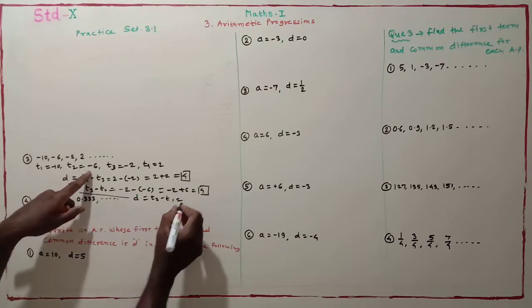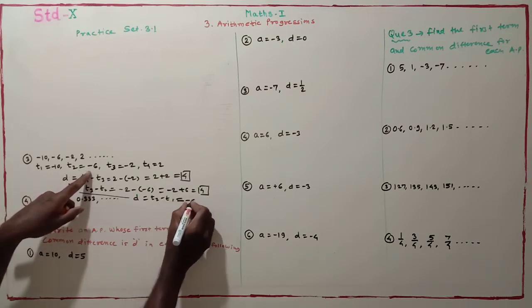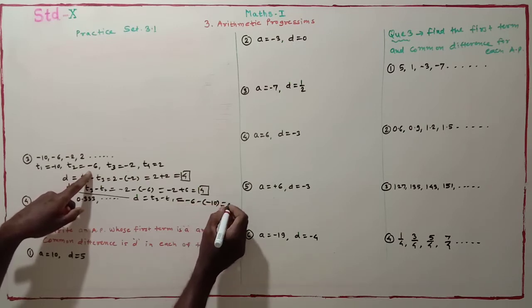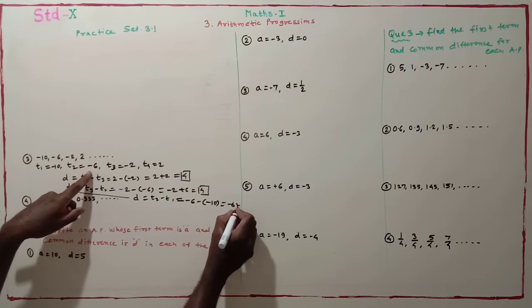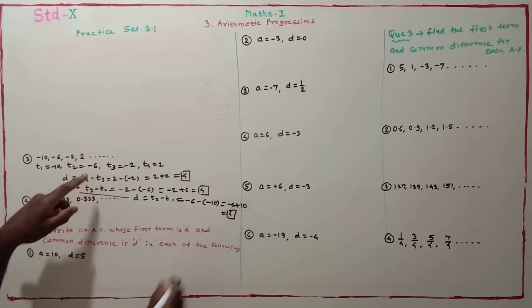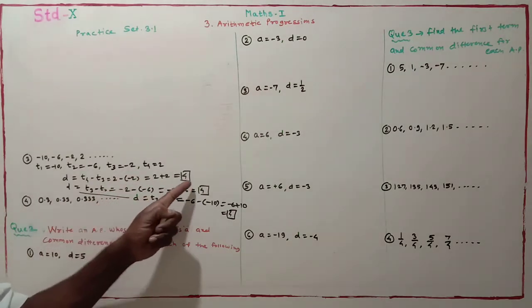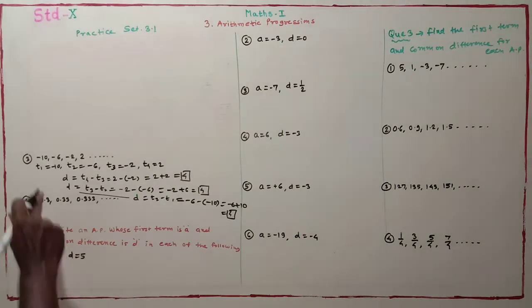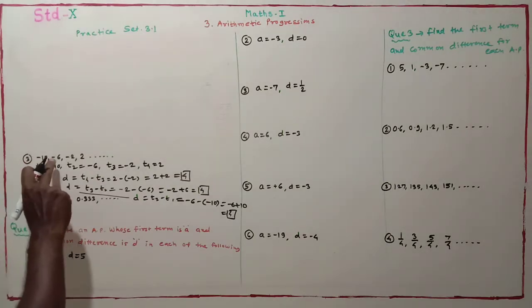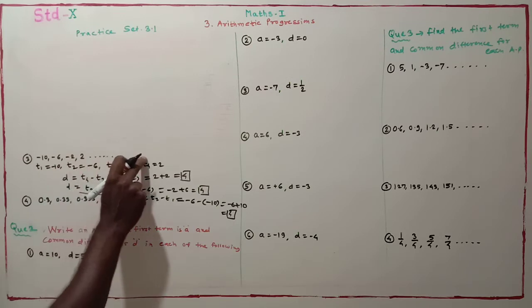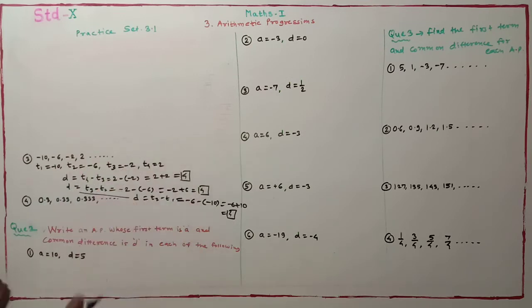T2 is minus 6 minus minus 10 is also 4, because 10 minus 6 is 4. This common difference is a constant 4, 4, 4. Therefore, this sequence minus 10, minus 6, minus 2 and 2 is an AP.